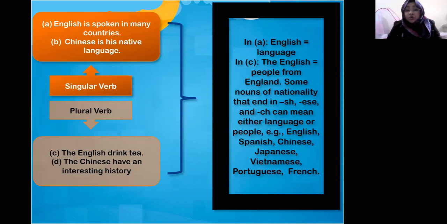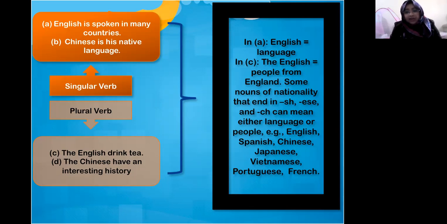But when it is used with the determiner, like the English drink tea, the Chinese have an interesting history, these refer to the people of the country also. In this sentence, the English is not the language, rather it is the people who live in England. Chinese is not the language, rather the people who live in China.